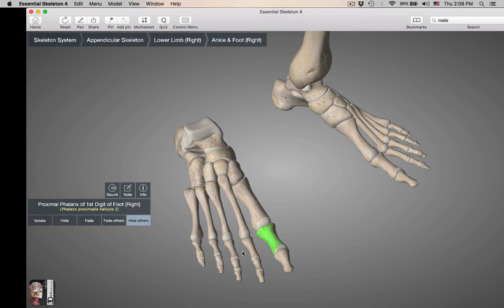Proximal phalange 1, proximal phalange 2, proximal phalange 3, proximal phalange 4, proximal phalange 5.